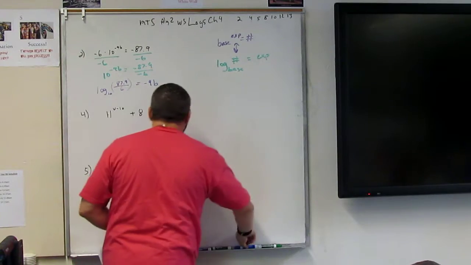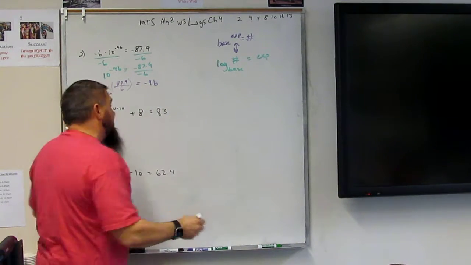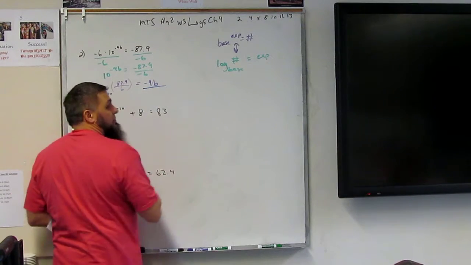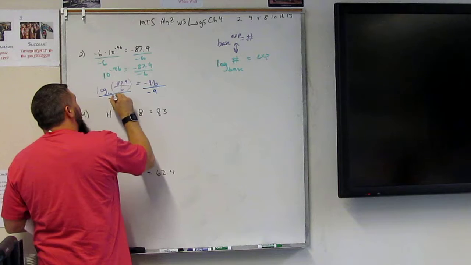Now, what do I do to get b by itself? The opposite. What's the opposite of times? Divide. So I'm dividing by negative 9, I'm dividing by negative 9.